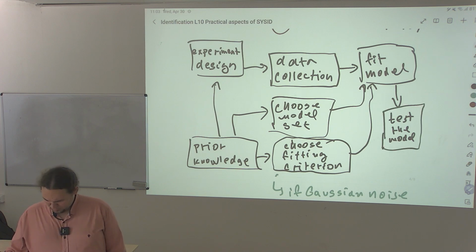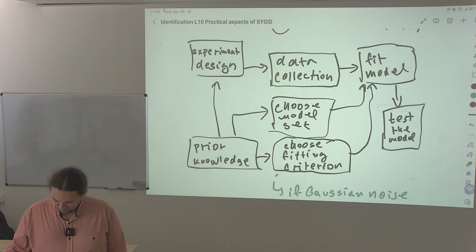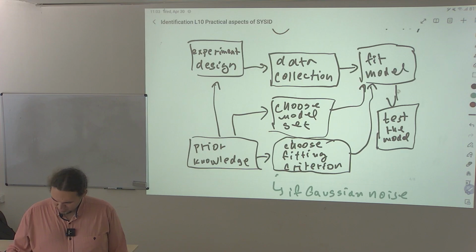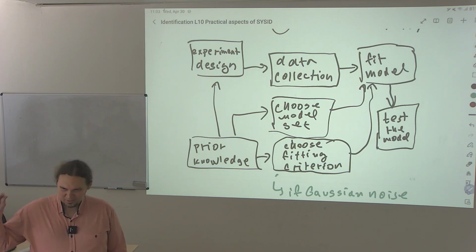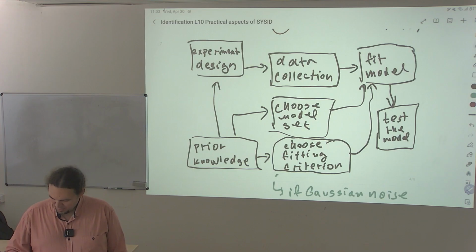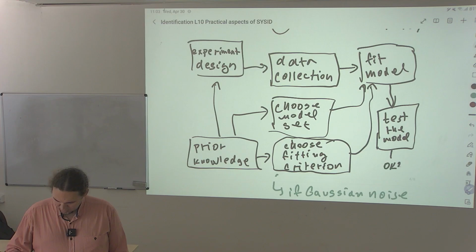Test the model. Let's shift it a bit. We will need one feedback arrow. After the test, we can say if the model is good enough.